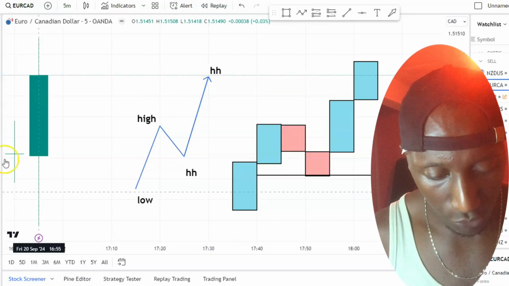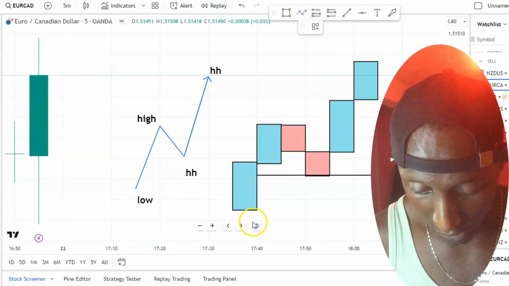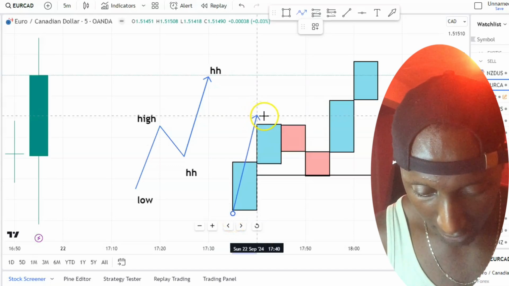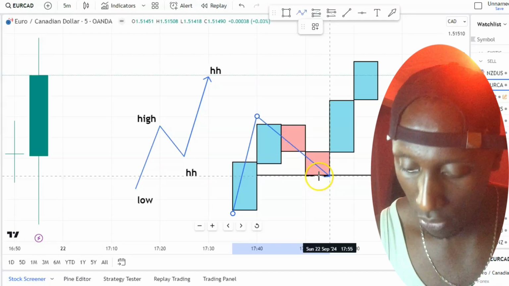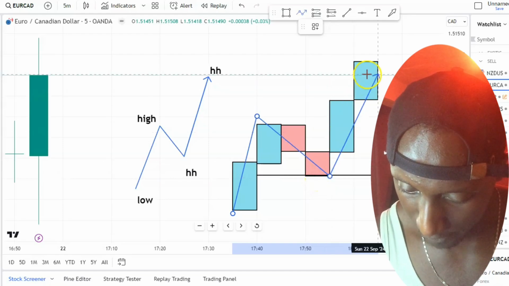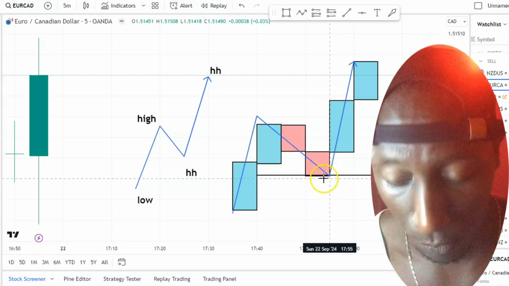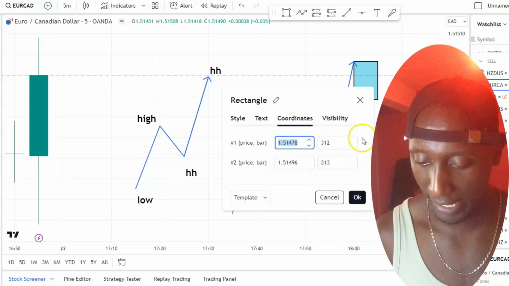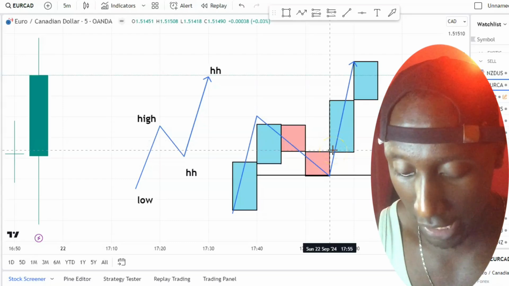So you see this movement. Price went up, then this movement, price went down. Now, price went up again. So the only time this becomes a low is when we have a bullish candle next to the bearish candles.